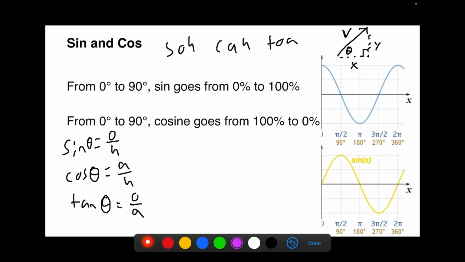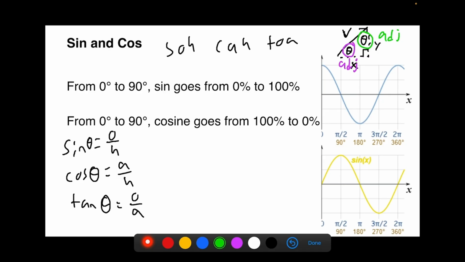For instance, this x here is my adjacent side if I'm measuring this angle theta. If I'm measuring this angle up here, this y is my adjacent side. Your adjacent side is the one that touches the angle. This angle, no matter which one it is, will touch both the hypotenuse and one of my other two sides, so the side that touches the angle is our adjacent side. The one that doesn't is the opposite side.